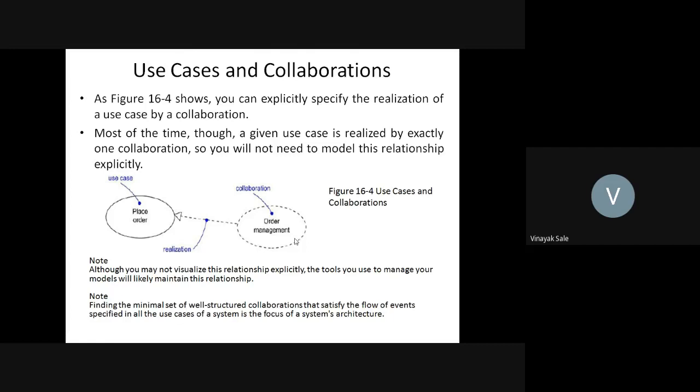Although you may not visualize this relationship explicitly, the tools you use to manage your models will likely maintain these relationships. Finding the minimal set of well-structured collaborations that satisfy the flow of events specified in all the use cases of the system is the focus of the system's architecture.